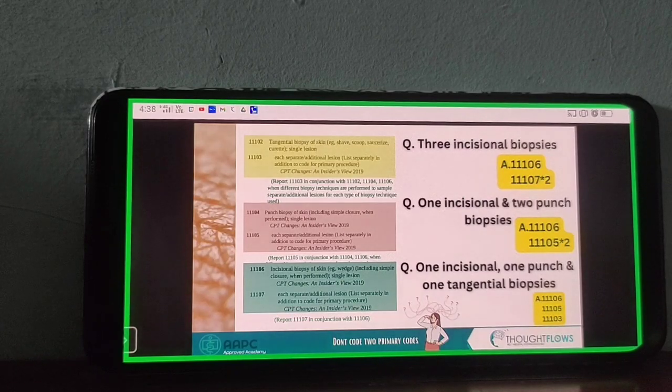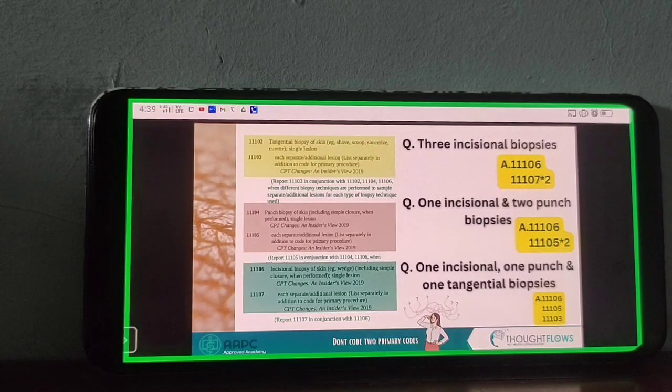We will discuss chemodenervation later. In the Medicine chapter, vaccine toxoid, coronary therapeutic services, and injection and infusion.